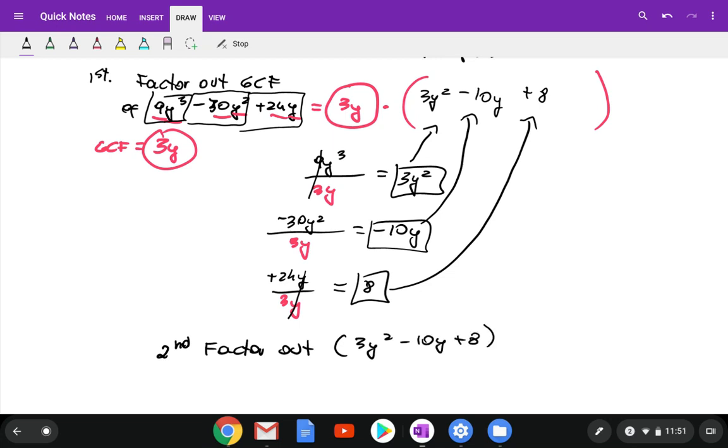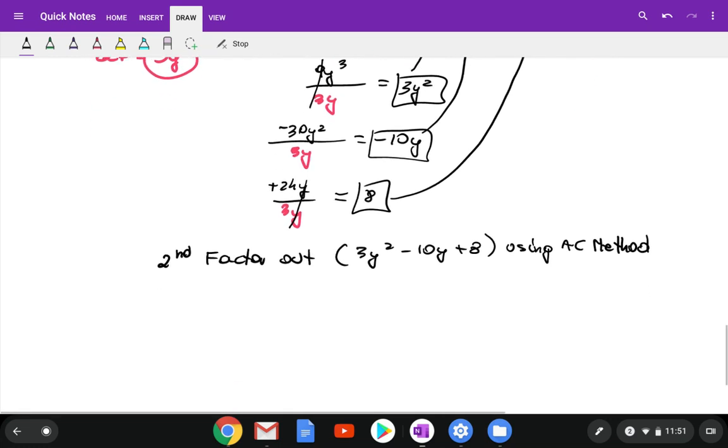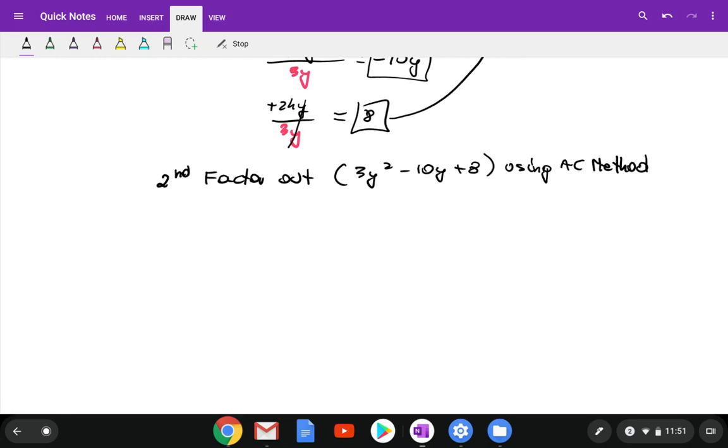That's a trinomial using AC method. So like you see, I'm only using one method to complete all those problems. So hopefully by now we know all the steps how to factor a trinomial using AC method. And of course, to use AC method, the trinomial has to have a degree two. So your exponent has to be 2.